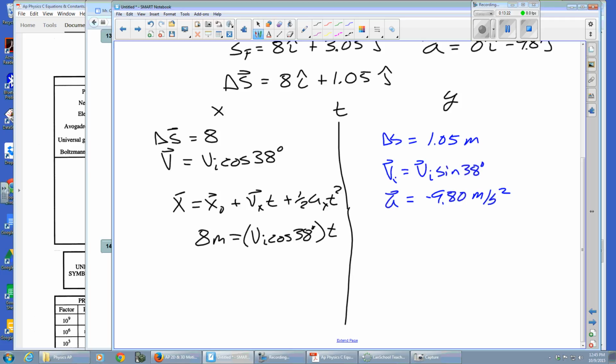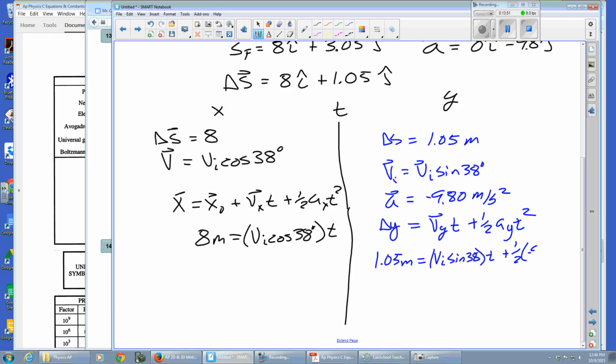I could put them in either way. So let's use this form, delta y equals vy t plus 1/2 ay t squared. And so I'm looking at my 1.05 meters equals my vi sine 38 t plus 1/2 minus 9.80 meters per second squared t squared.